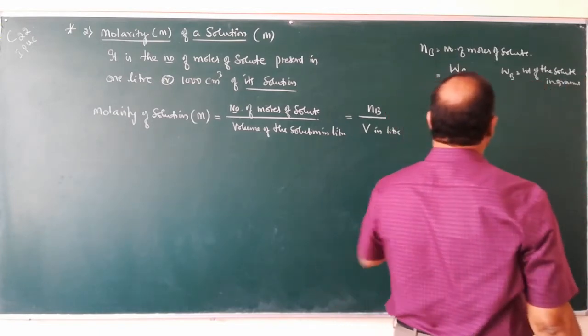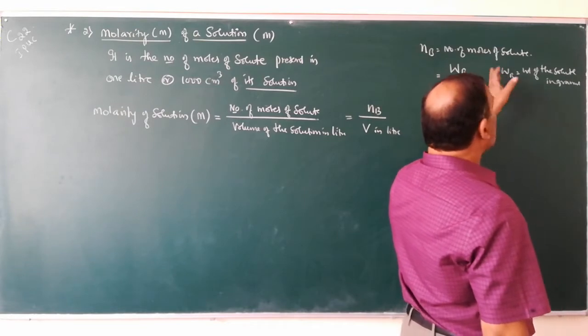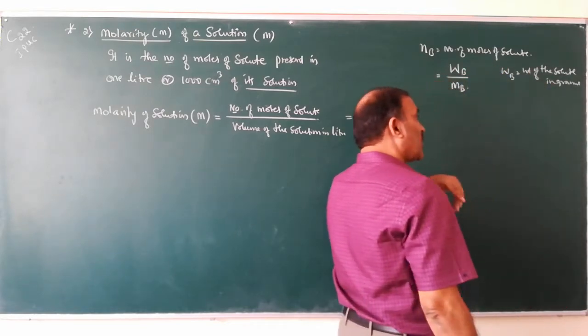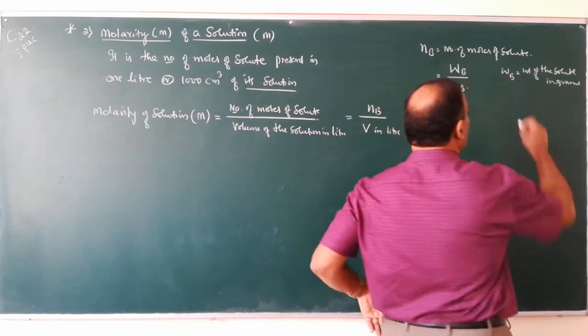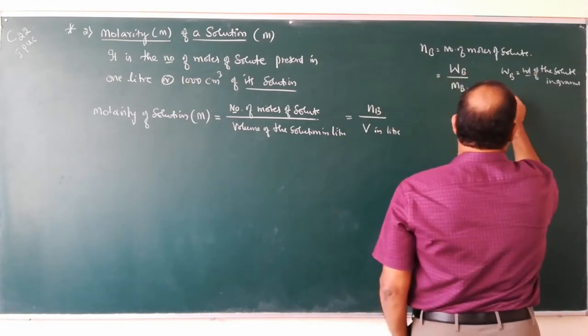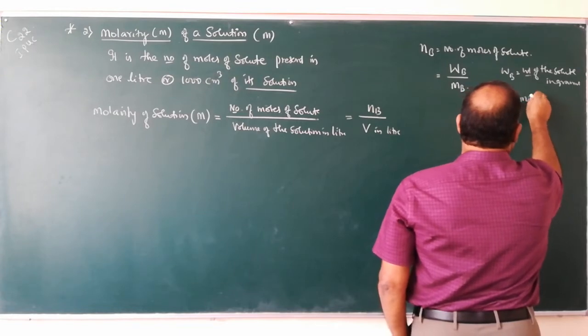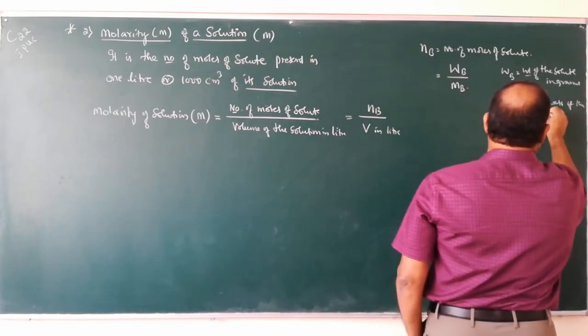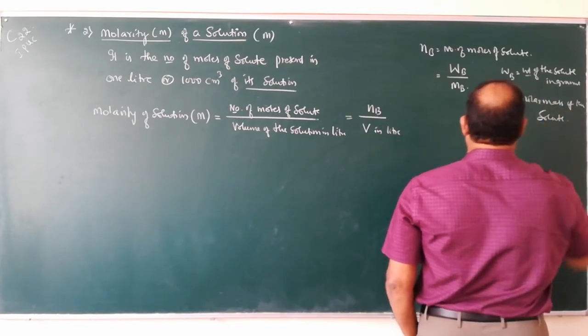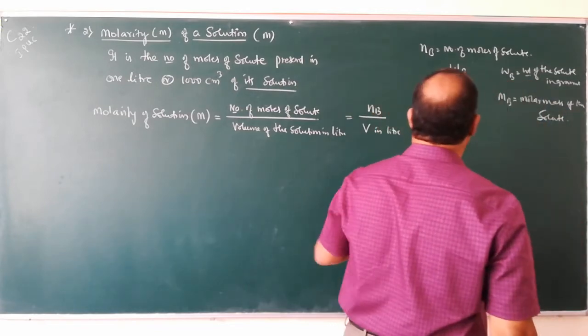Here B is for solute, A for solvent. WB means weight of the solute in grams, and MB equals molar mass of the solute.